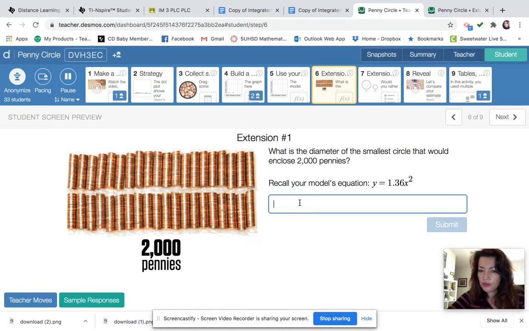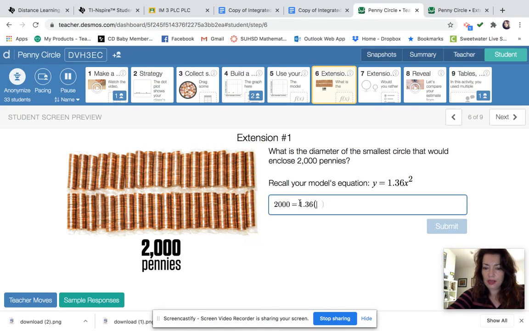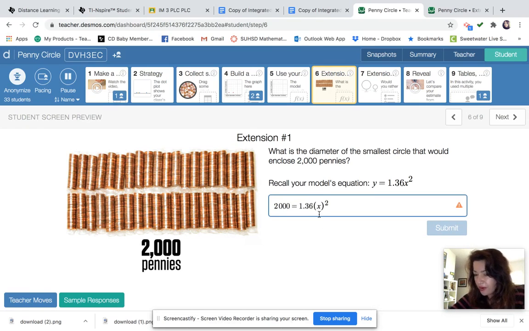In other words, we have 2,000 is equal to 1.36 x squared, and we want to know what diameter that would be. So that is what we're looking for. We're looking for X. We, of course, can solve this algebraically. We can divide both sides by 1.36 and then take the square root.